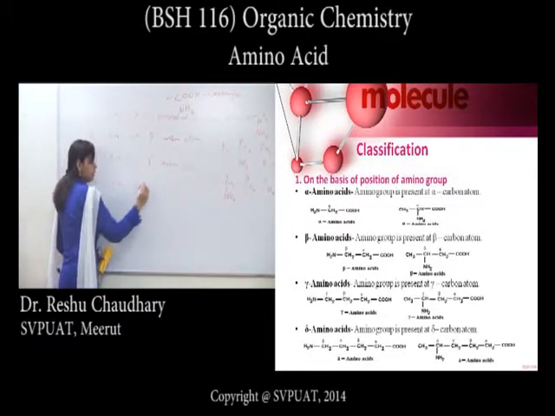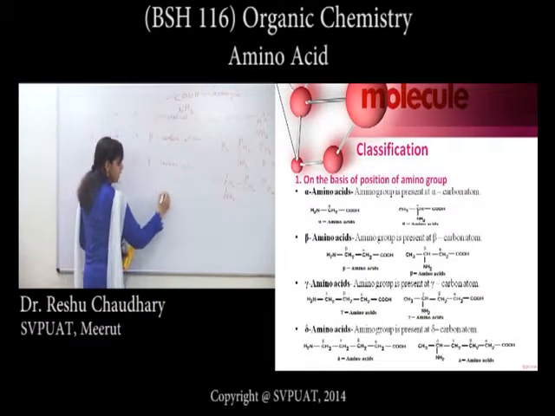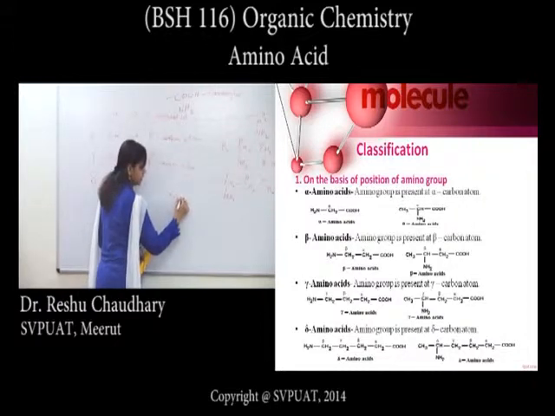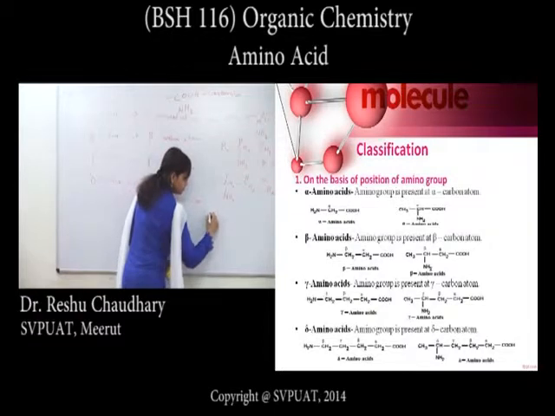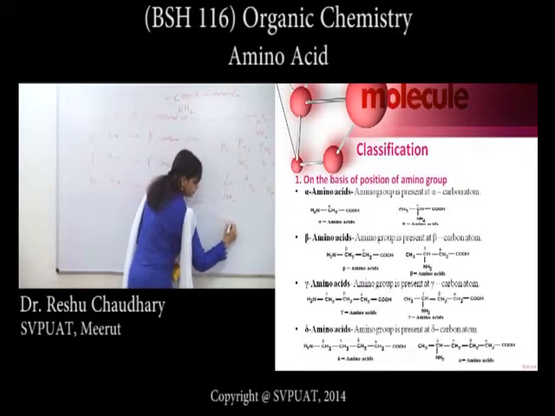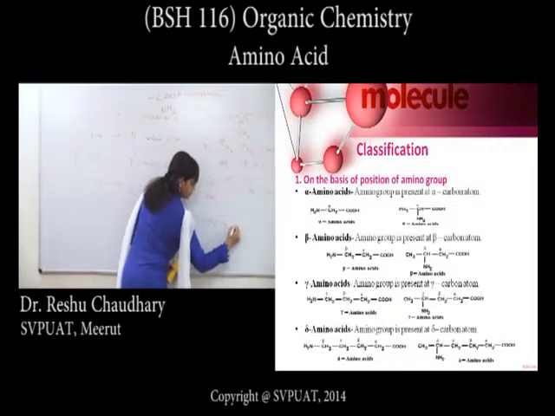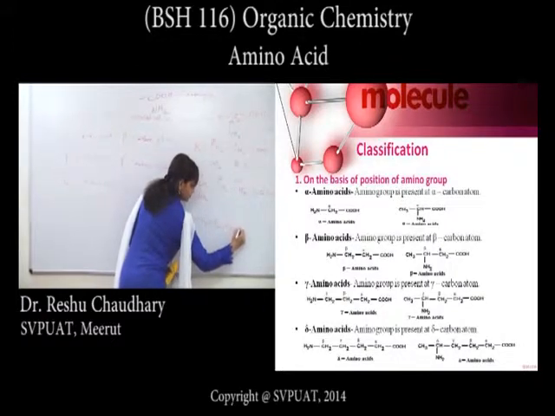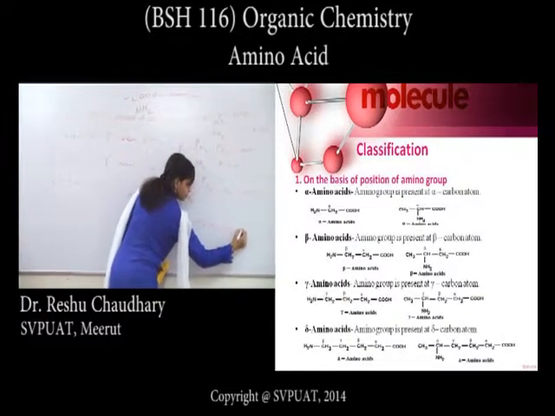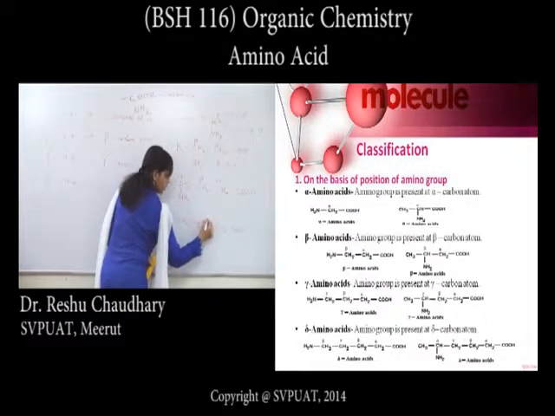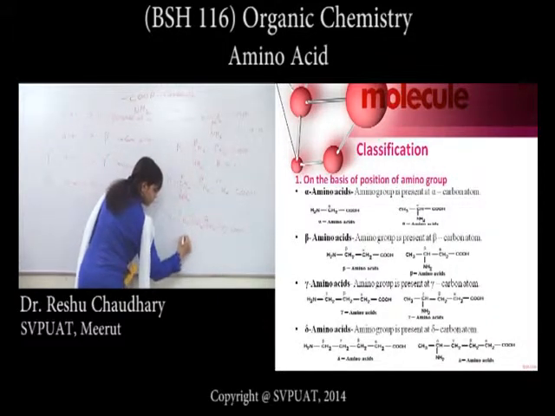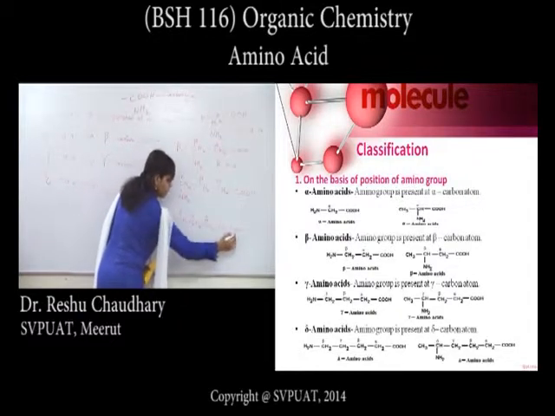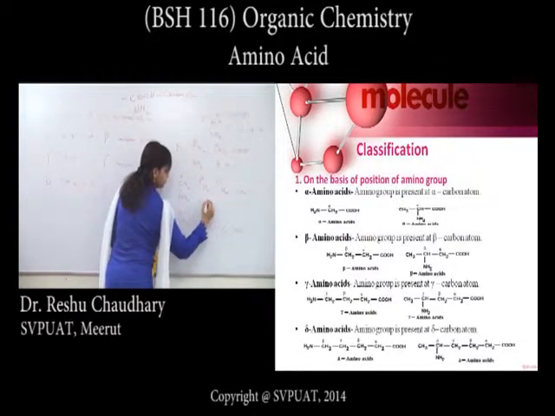Same as delta, when the amino group is present at the delta carbon atom, these are known as delta amino acids. Alpha, beta, gamma and delta, that means the fourth carbon from the carboxylic group.